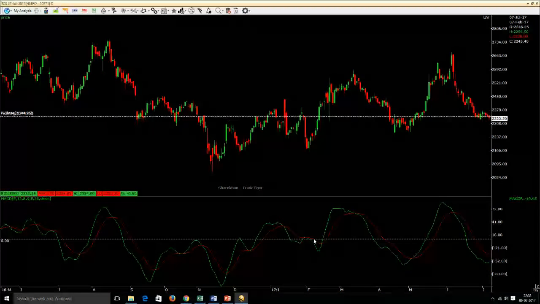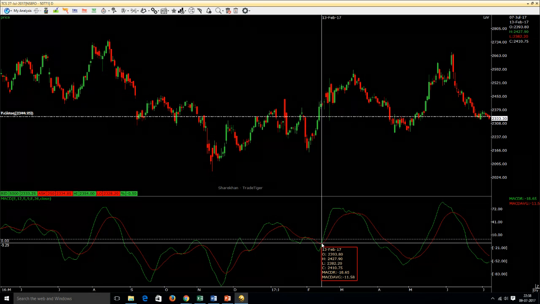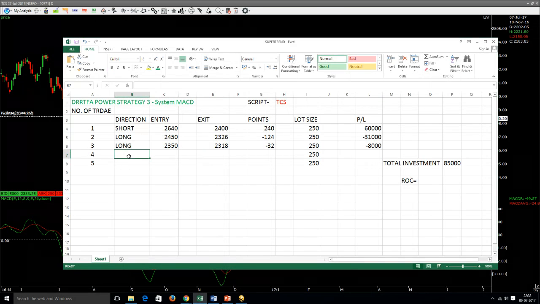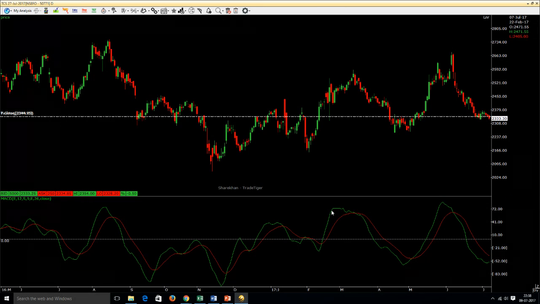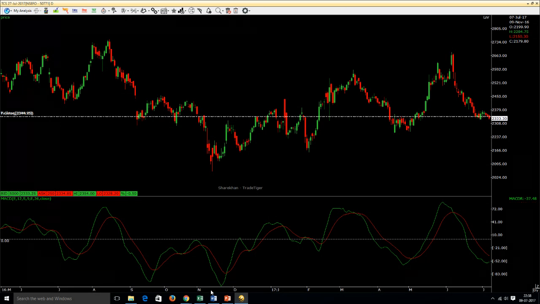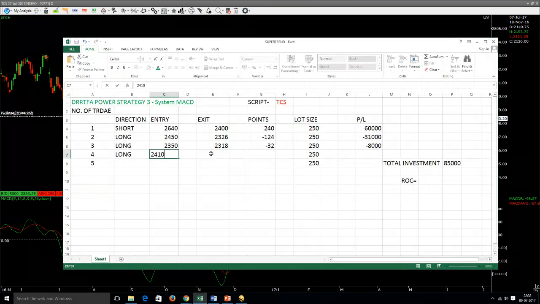And here we again become long at 2,410. So became long at 2,410. And then we remain long till 2,530, where the crossover has happened, 2,530.